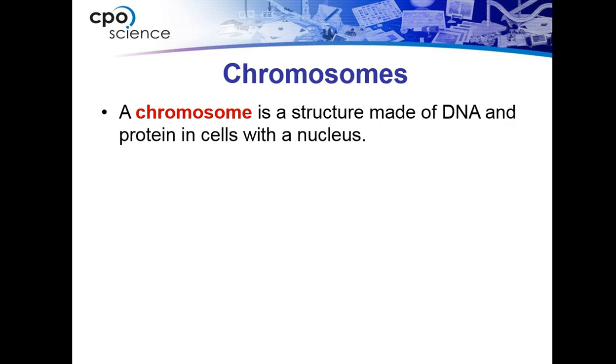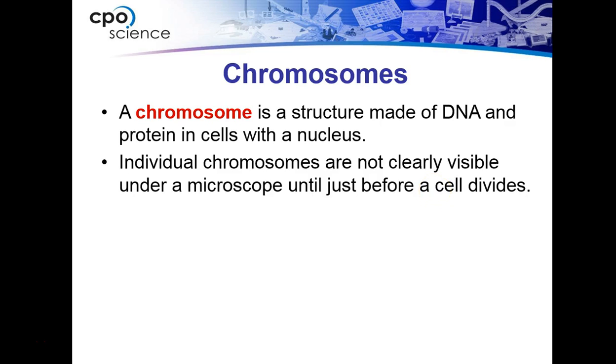So cell division starts with chromosomes. Chromosomes are structures that the DNA in your cells actually form into in order to get ready to divide. You will not see individual chromosomes in a cell's nucleus until just before the cell enters mitosis or begins cell division.